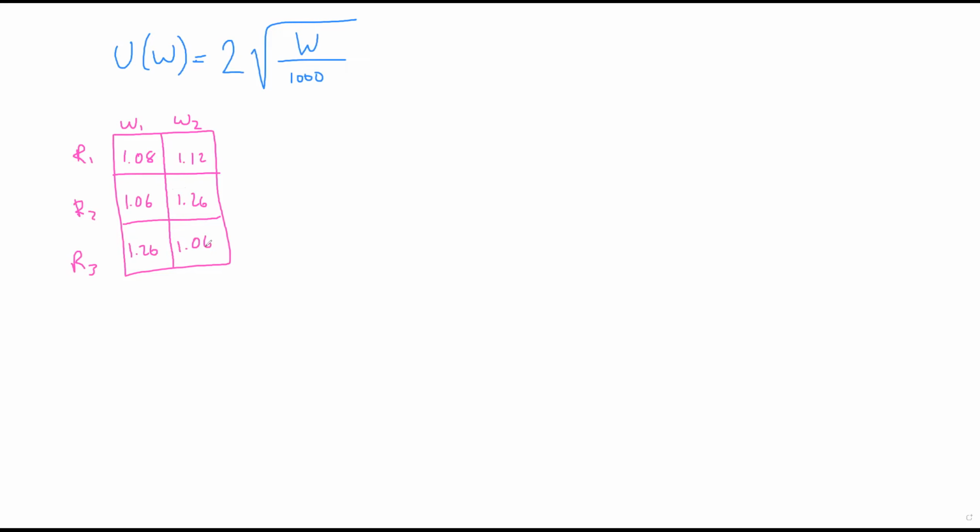Show that expected value of R1. Okay, this seems easy enough. So let's talk about R1. R1's only outcomes are 1.08 and 1.12. And they told us at the very beginning of this problem that these two possible outcomes, good or bad, and I shouldn't necessarily ascribe good to the first column or bad to the second column, had a 50-50 chance.